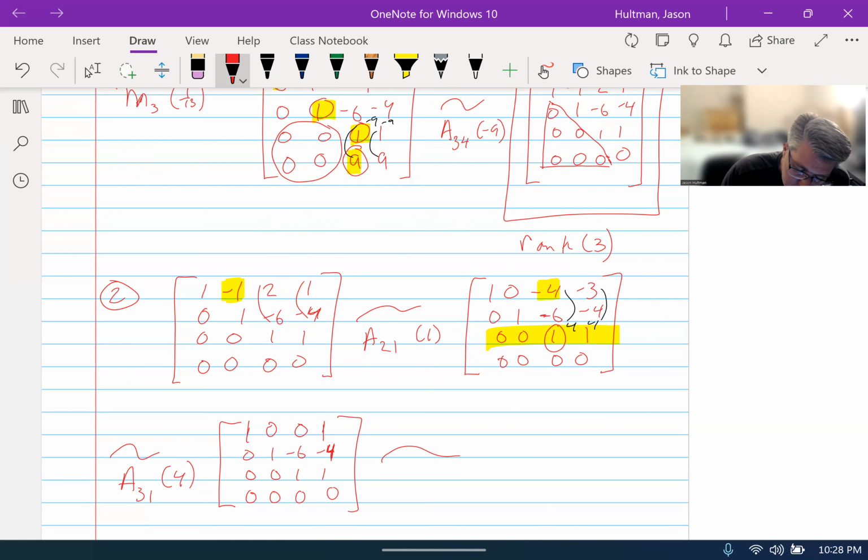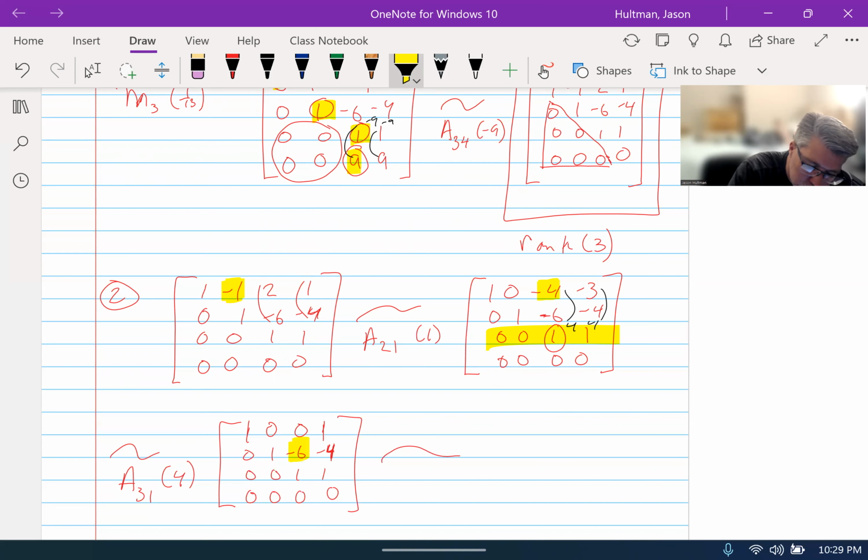We're going to do the same thing here. We're going to use row 3 to get rid of that -6 entry right here, so I can get my third column to have all ones and zeros. Okay, I'll basically have 1, 1, and then the rest of the column zeros. And so multiply, you guessed it, row 3 by 6, and then add that to row 2.